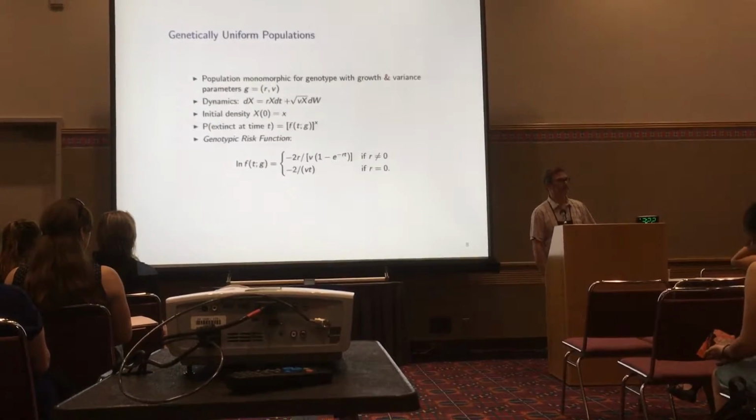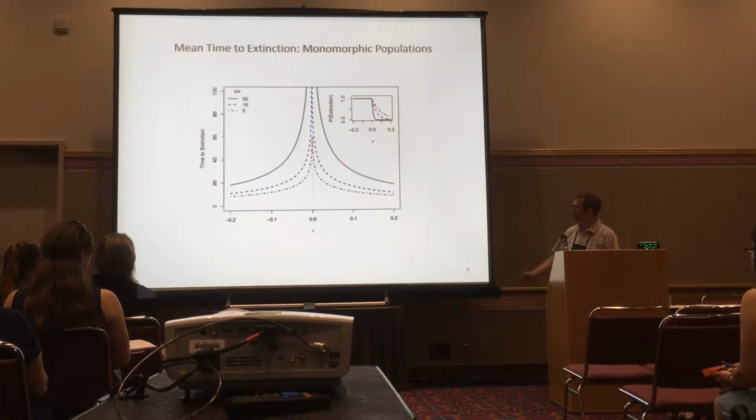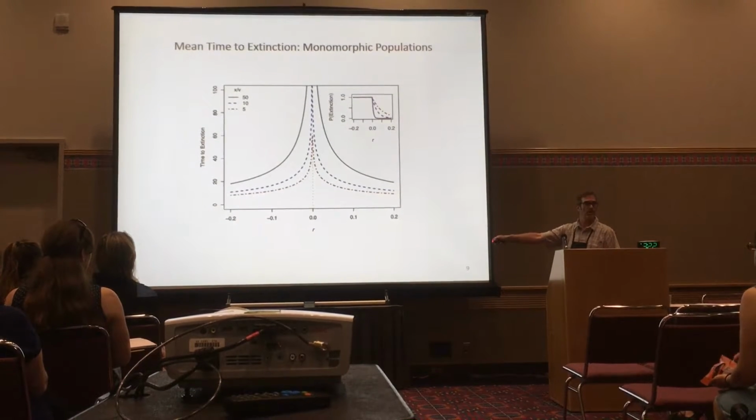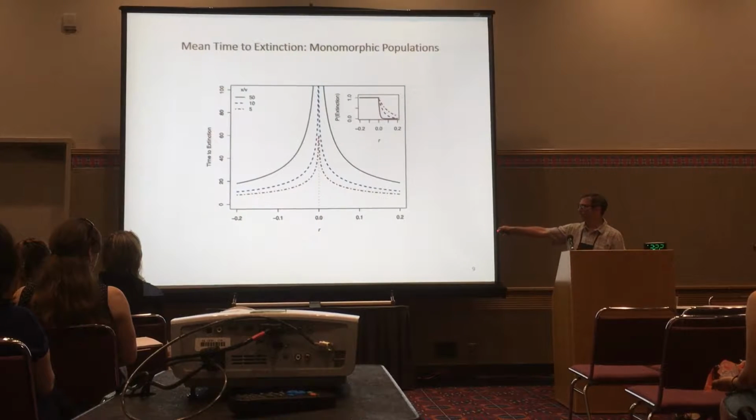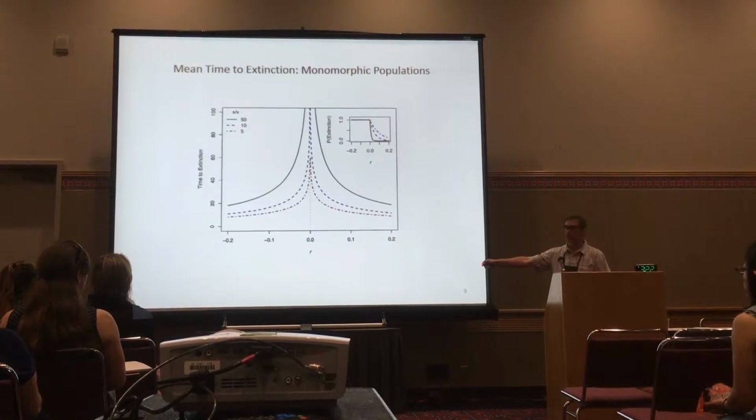We can use that to do a number of things, for example, calculate the mean time to extinction as a function of these parameters. That's what this figure is showing. Each of these curves corresponds to the mean time to extinction for different intrinsic rates of growth, including negative to positive.